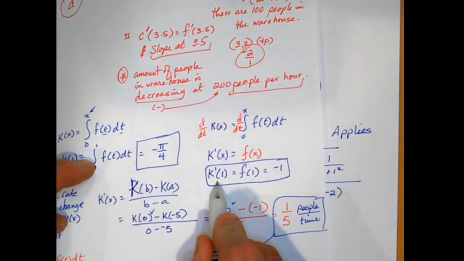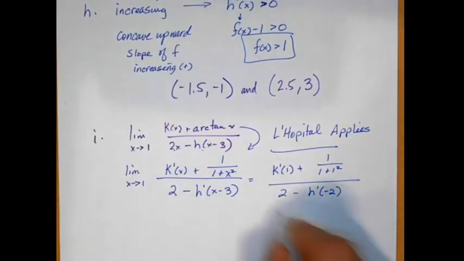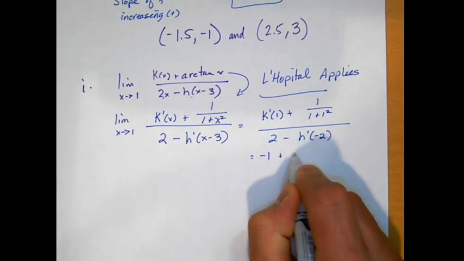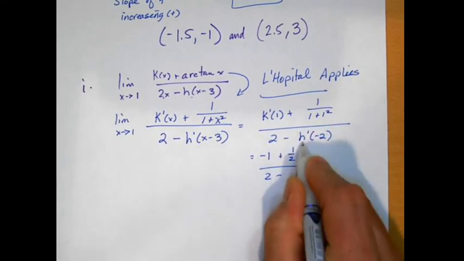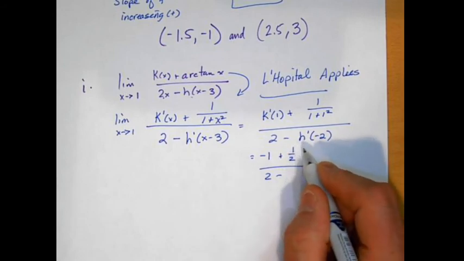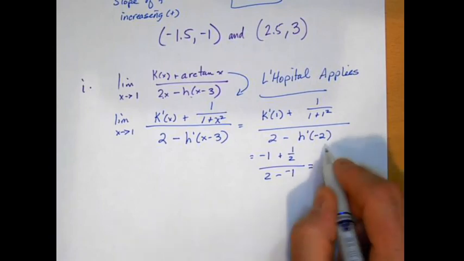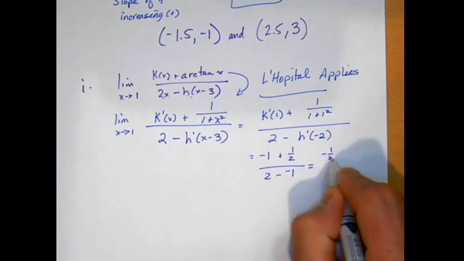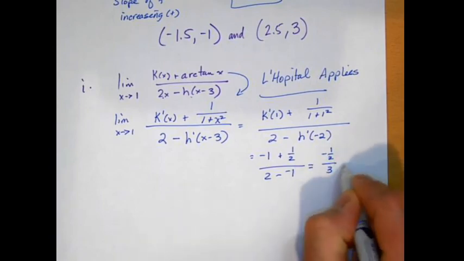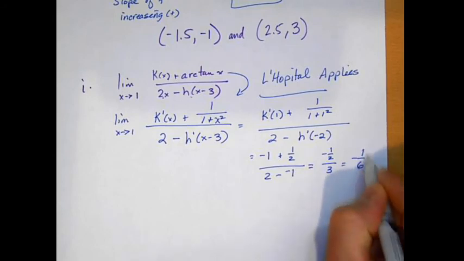K prime of negative 1 is negative 1. Go in the way back time machine. Plus 1/2, over 2. What's h prime of negative 2? That's negative 1. All right, so we got negative 1/2 over 3, which is negative 1/6.